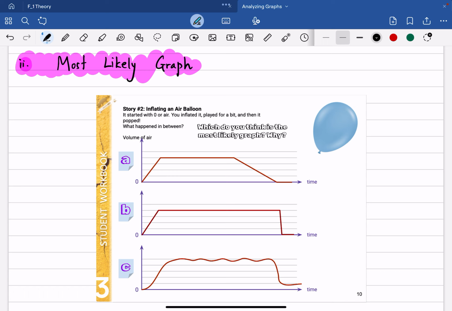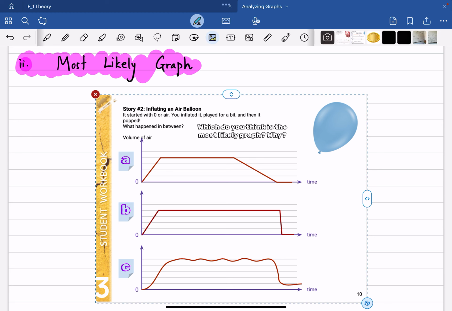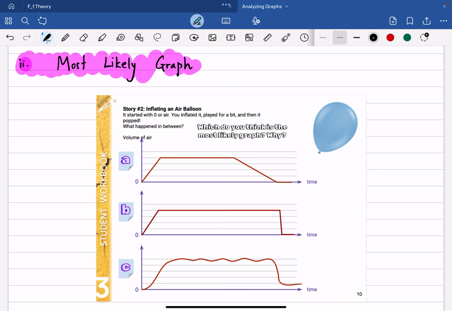So let's go step by step here. Well, all the 3 graphs involve an increase in the amount of air in the balloon in the beginning, which corresponds to inflation. And then with A and B, the amount of air is steady for some time. But with C, it goes up and down.